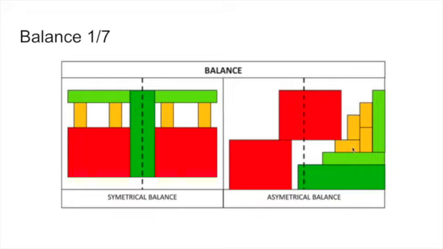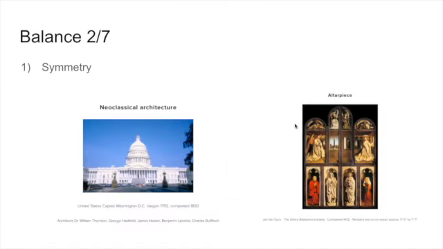Asymmetrical balance is when things still appear stable, but they are not mirrored exactly. So on the right side of this, I have lots of little pieces, and those are balanced out by fewer big and bold red pieces. So that's asymmetrical balance. In architecture, we have symmetry.